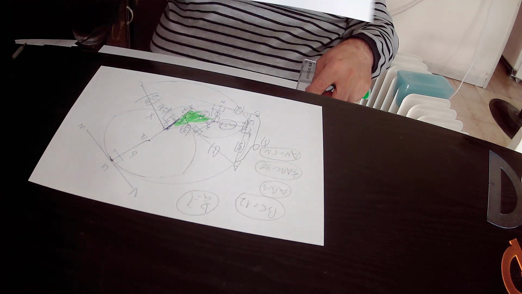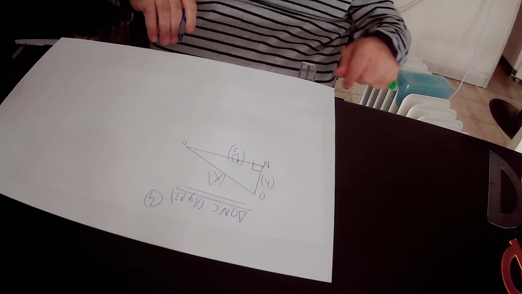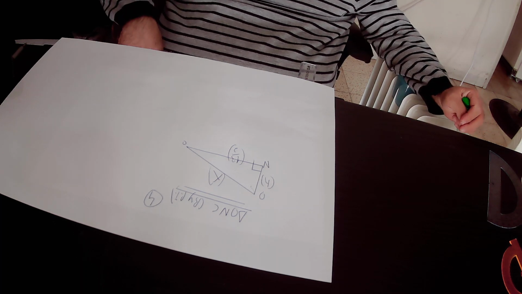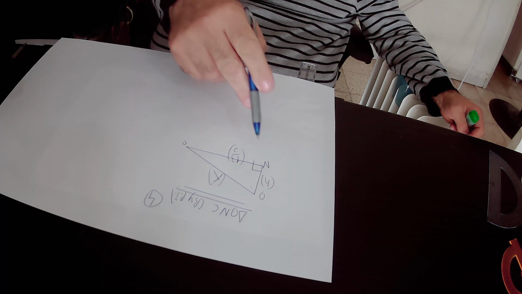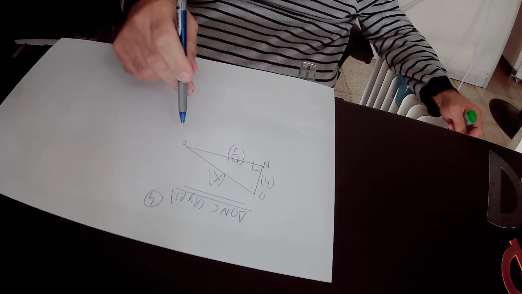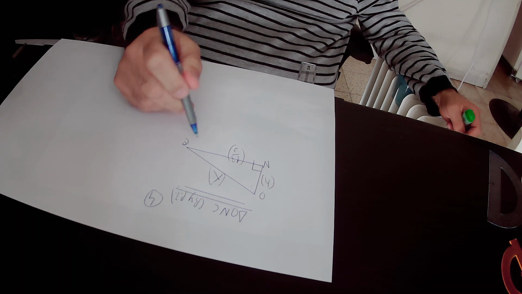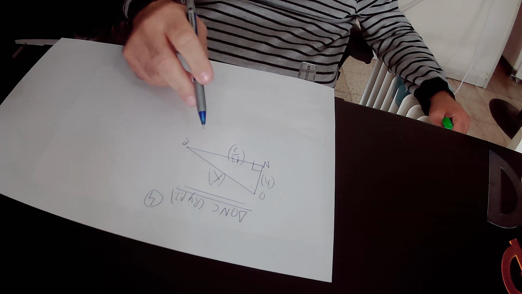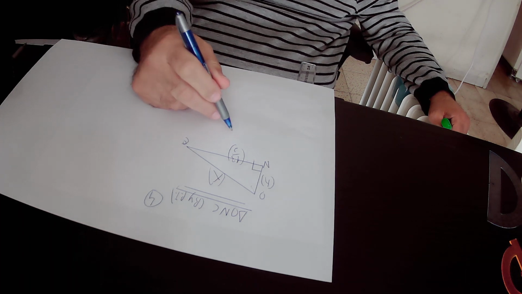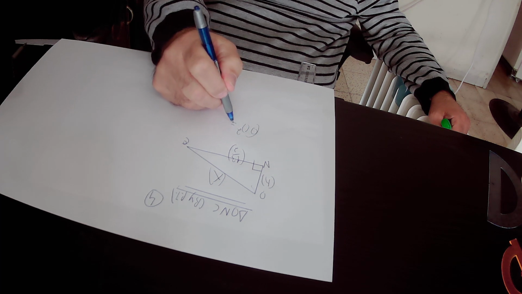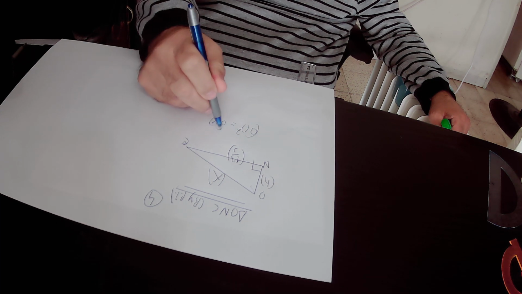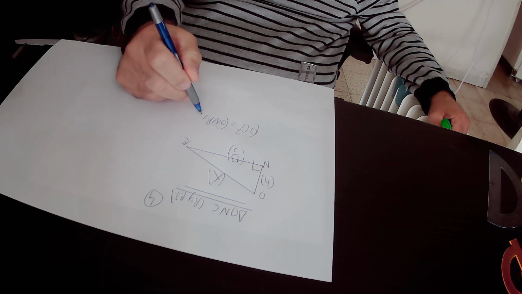So this is the right triangle ONC, copied from the original drawing. Therefore, OC equals x, ON equals h, and NC equals 13 over 2. According to the Pythagoras theorem in the right triangle ONC, OC squared equals ON squared plus NC squared.